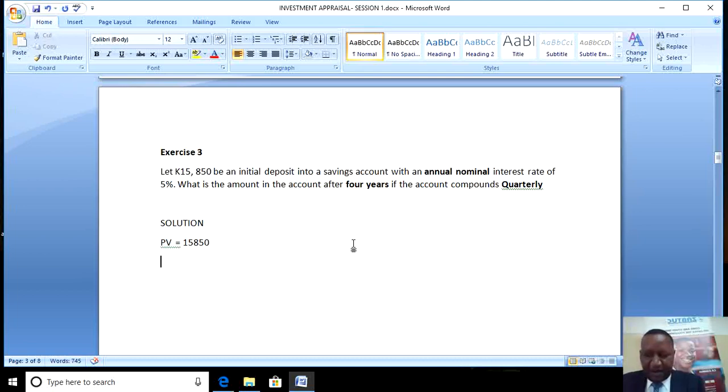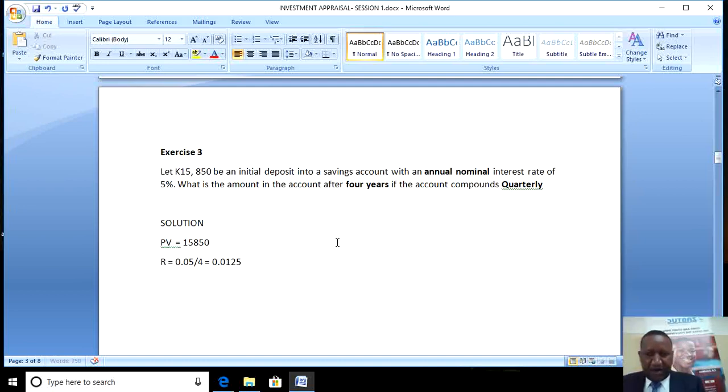Annual rate is given as 5%, so our R is 0.05. But because we are compounding interest quarterly, there are 4 quarters in the year. So if the annual interest is 5%, the quarter interest will be 5% divided by 4. So 0.05 divided by 4, you should get 0.0125.